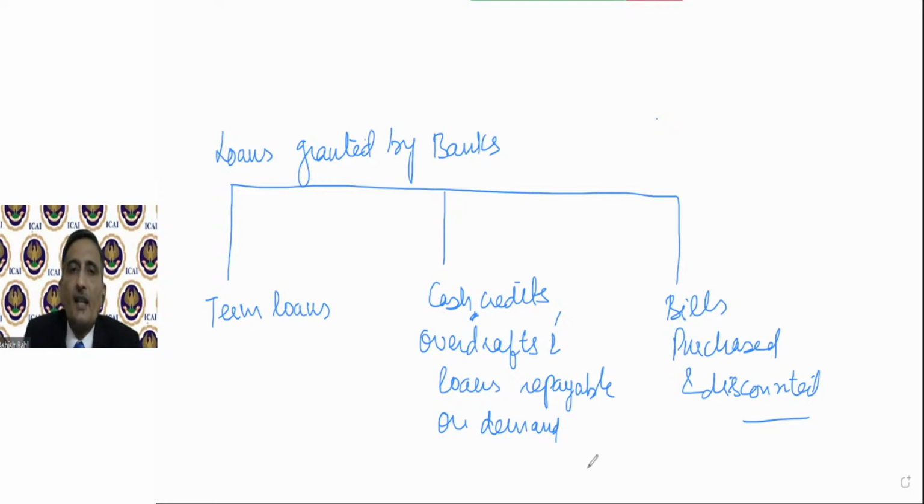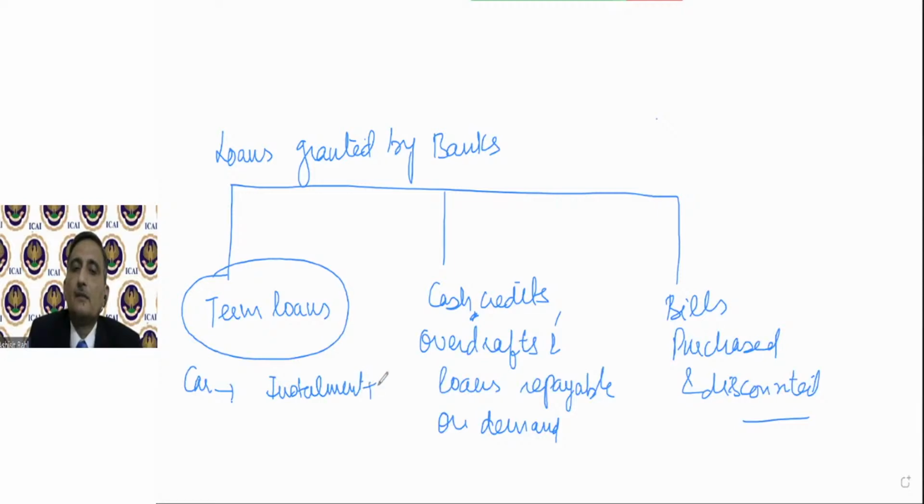So Sharan Krishnan, I have already answered about debit cards. So what are term loans? Term loans are loans which are usually repayable in more than 36 months, more than 3 years. Like when you purchase a car, there you have to pay installments plus interest. So it is a kind of term loan.